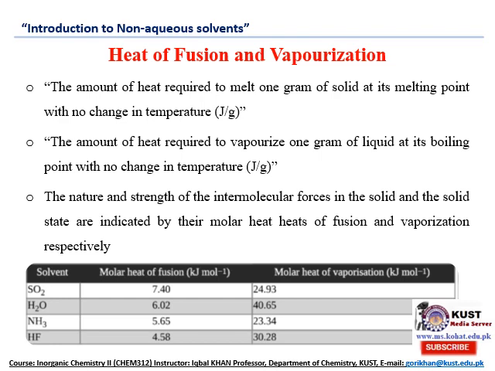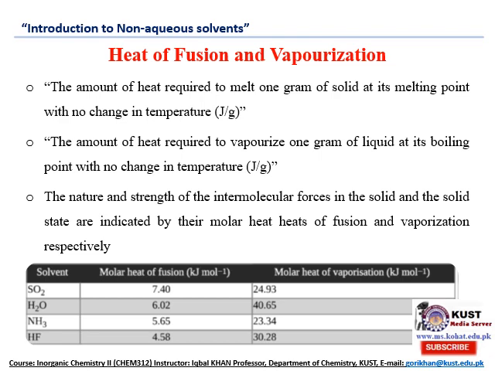Next is the heat of fusion and heat of vaporization. Heat of fusion is the amount of heat that is required to melt 1 gram of a solid at its melting point with no change in temperature. And the next is heat of vaporization, the amount of heat that is required to vaporize 1 gram of liquid at its boiling point with no change in temperature.